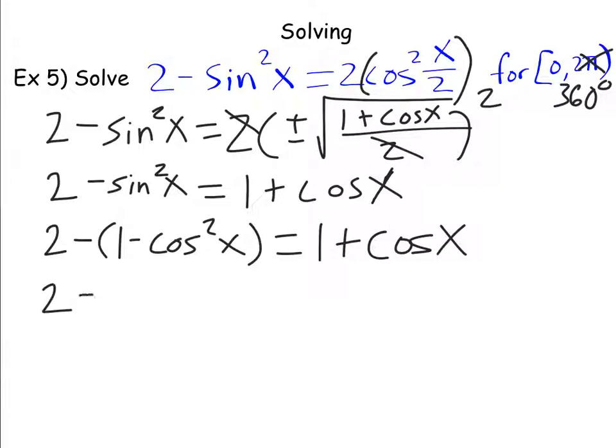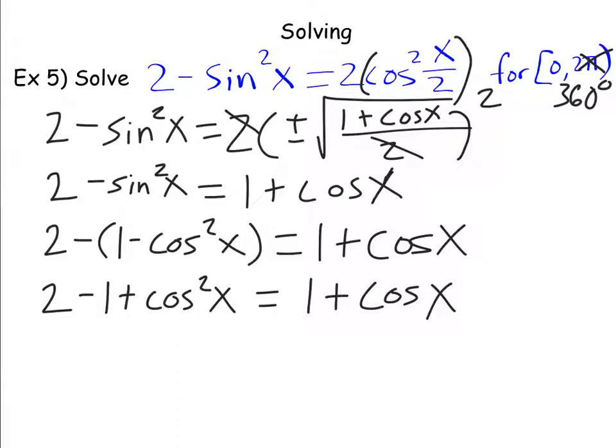So this will be minus 1 plus cosine squared, which equals 1 plus cosine of x. Okay? It looks like I'm headed towards factoring, so I want to get everything over to the left side and get the right side to equal 0.